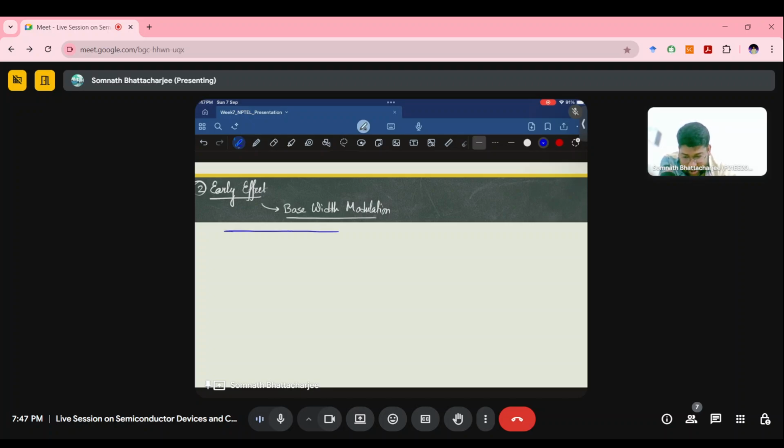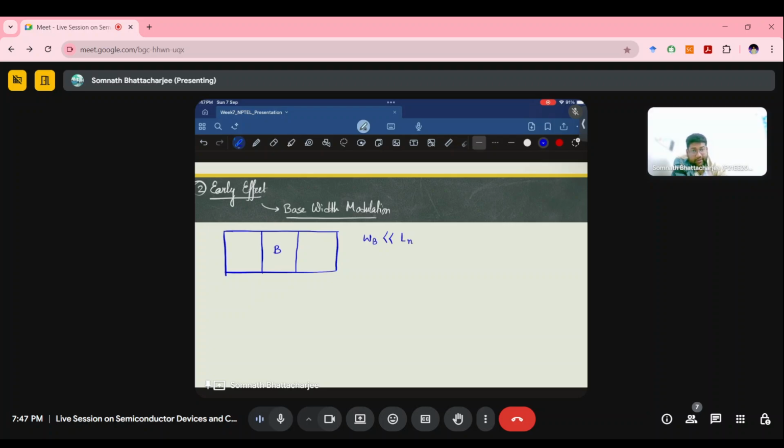So we'll learn about that later. So if we have a BJT like this, and this is the base, right? Base region is this. As we know, it should be much less than the Ln.